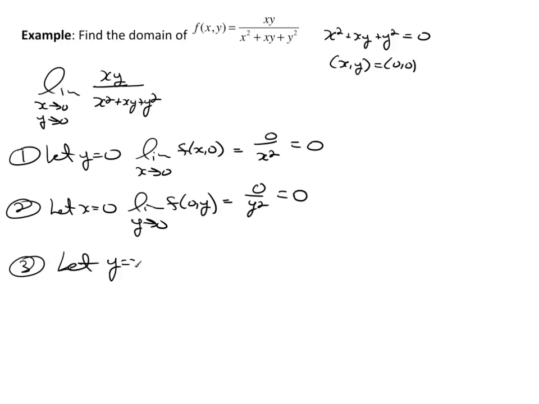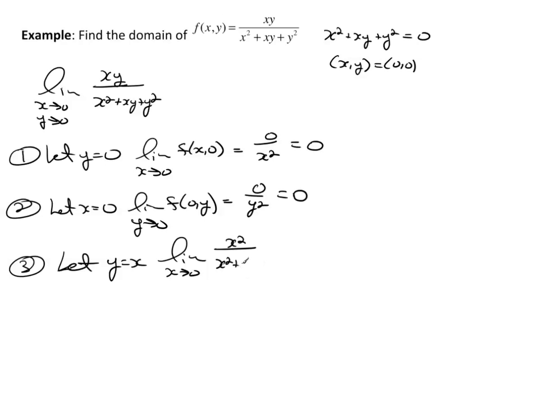I'm going to let y equal x. That's just another path. So I want to take a look at the limit as, well, if y equals x, this is going to be x squared over x squared plus x squared plus x squared, since y is equal to x.